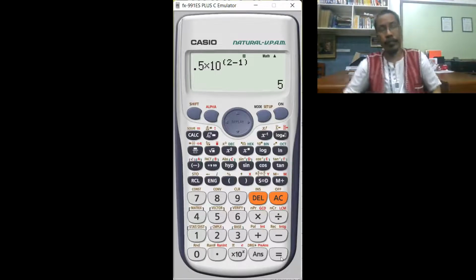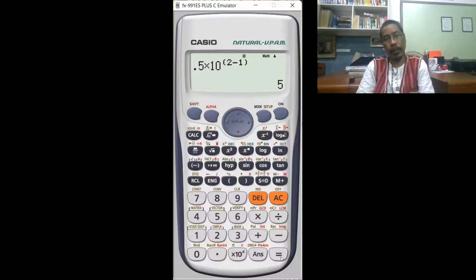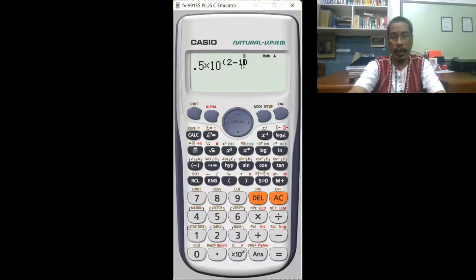Therefore, it is not greater. So m should be 0. Let us replace this by m equal to 0, and the answer would be 5.0.